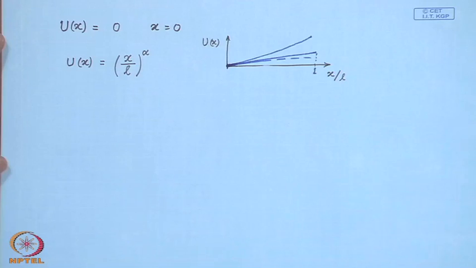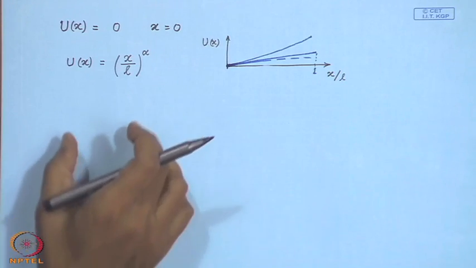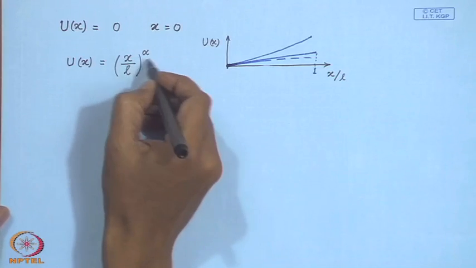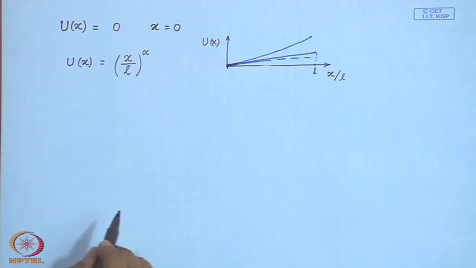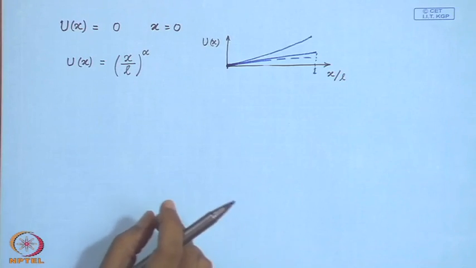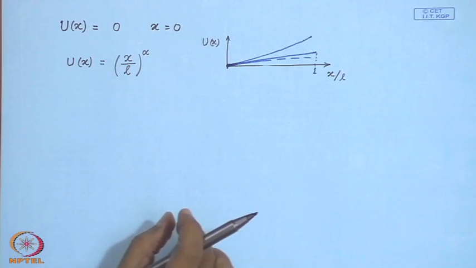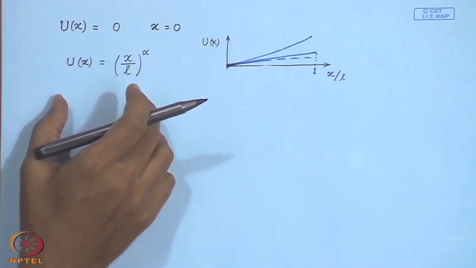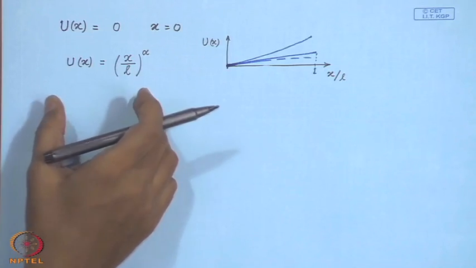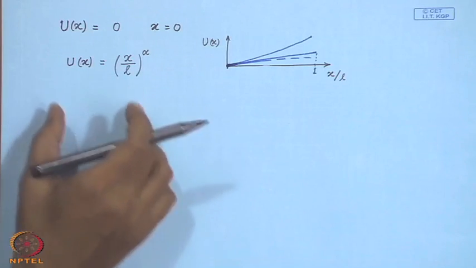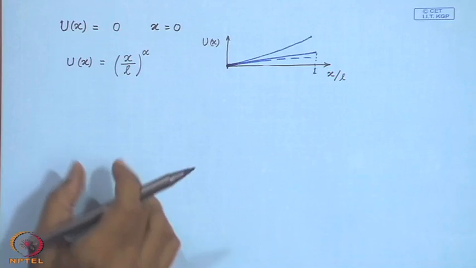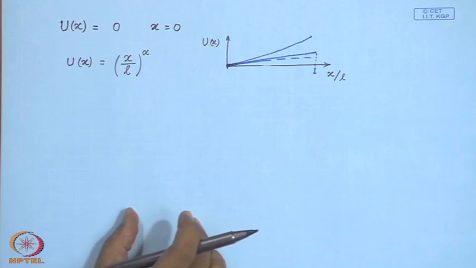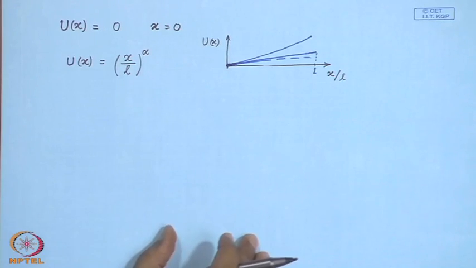Now, this alpha we will initially keep arbitrary, and we are going to substitute this in the Rayleigh quotient, and look at what is the Rayleigh quotient with this expression of admissible function.